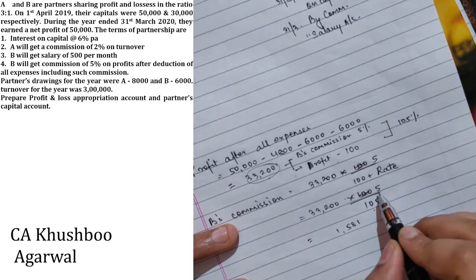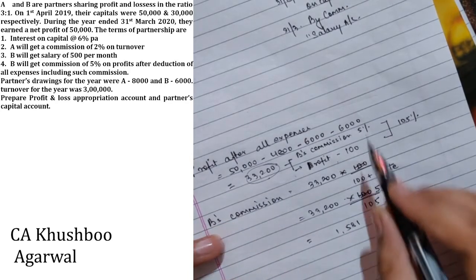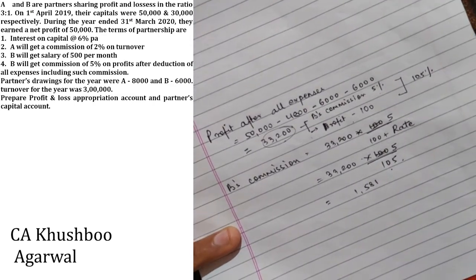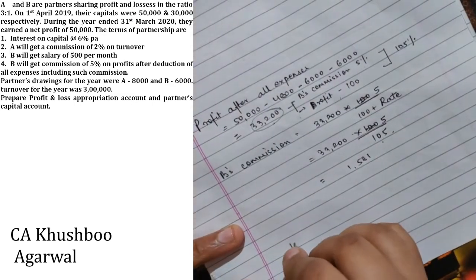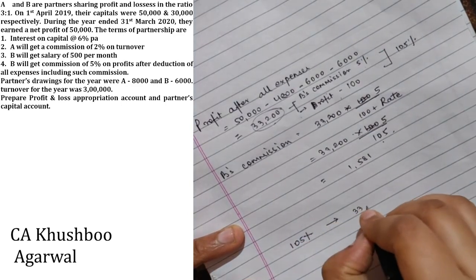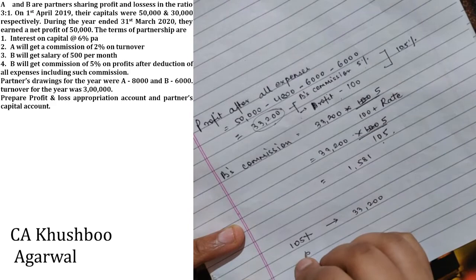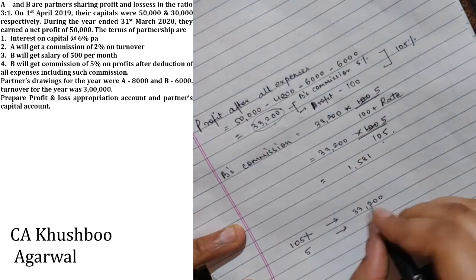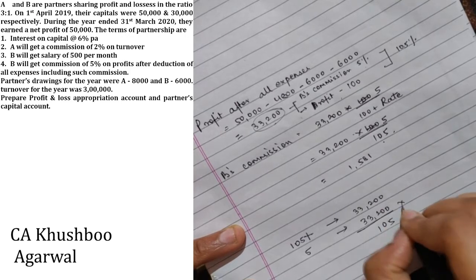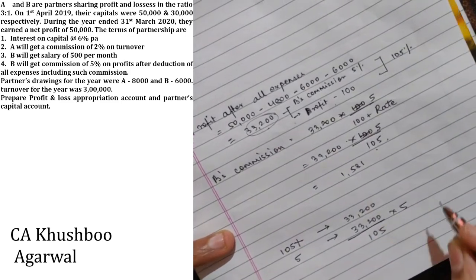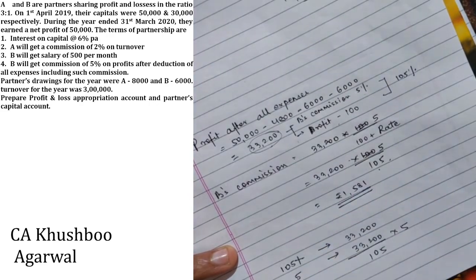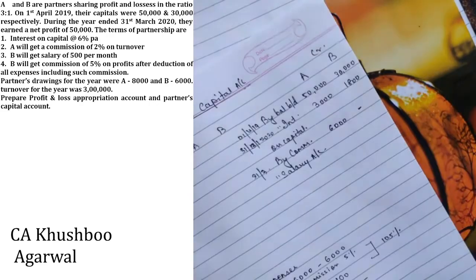We'll do into 5 because we have to calculate what is the commission portion. Okay, because 105 is representing 33,200. So 5%, which is actually B's commission, will be 33,200 by 105 into 5, which is a unitary method. So B's commission is 1,581.